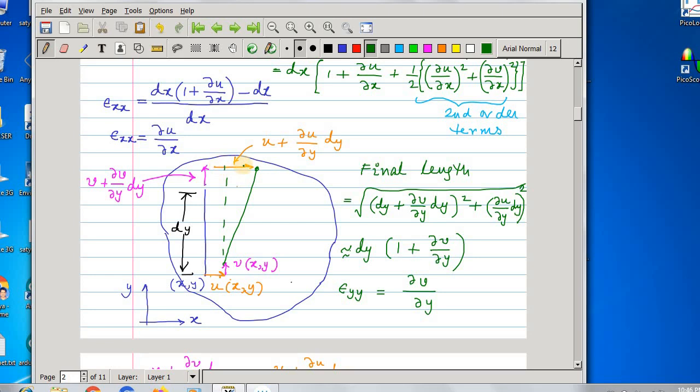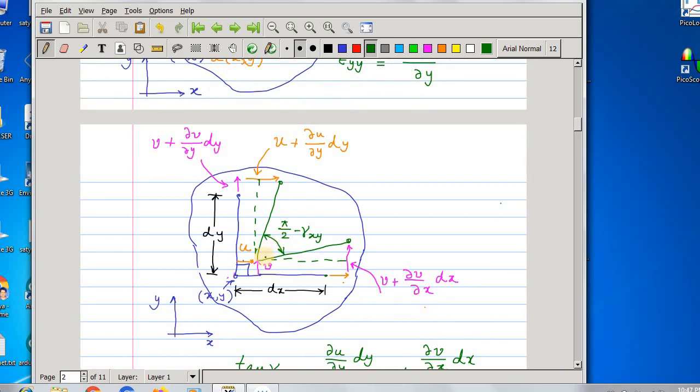Similarly, here the displacement is v, so v plus del v del y, the rate of change of v with y, into dy, since we are going in the y direction. Again you follow the same procedure and show that epsilon yy is del v del y.